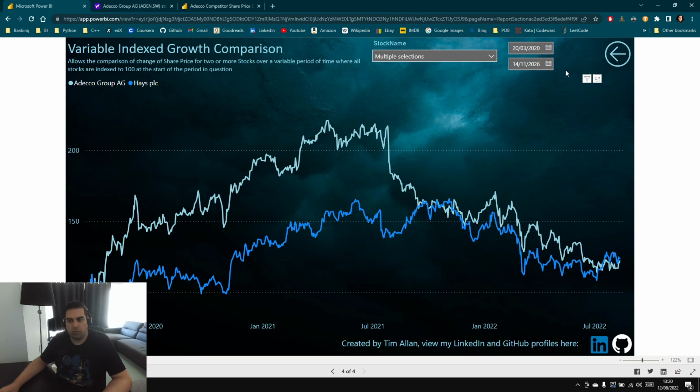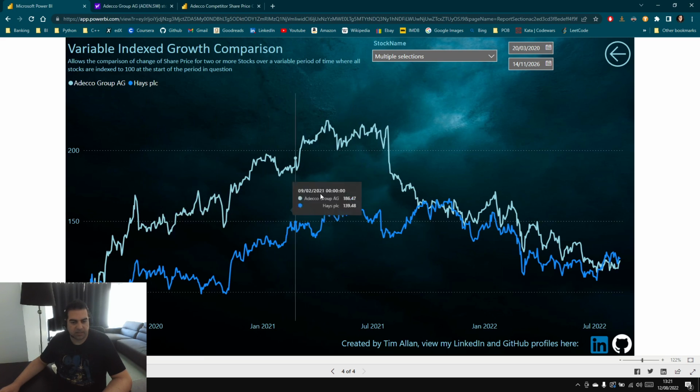So what we're looking at now is the Adecco Group share price and the Hayes Group share price. I've indexed it to the very first period to 100, and I've analyzed the price at that initial period, which was the 20th of March 2020, basically the start of the pandemic, and compared that to see how the value of the share has changed over time.